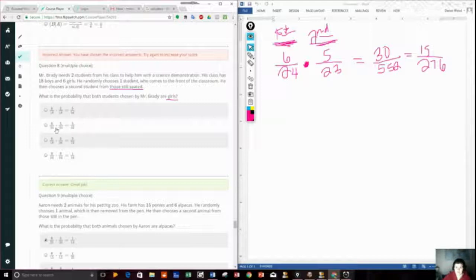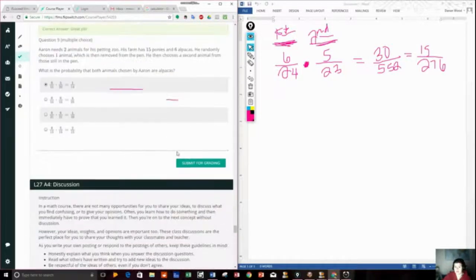Which our work matches right here: 6 out of 24 times 5 out of 23. Apparently 3 can go into 15 and 276, so it would reduce down further to 5 out of 92. So let's check that.